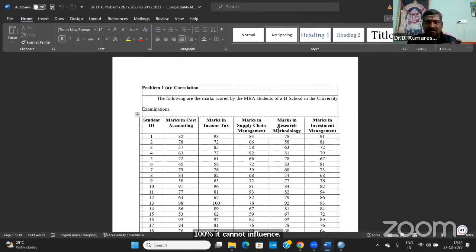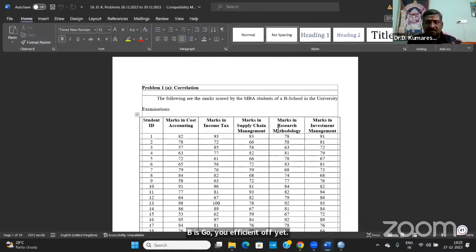There may be some intercept between the X variable and the Y variable. That is taken as a constant. That intercept is known as the constant. In this equation, Y equal to A plus BX, A is the constant and B is the coefficient of X.